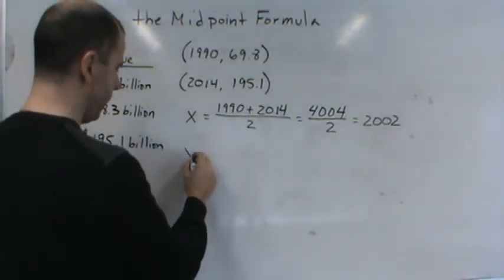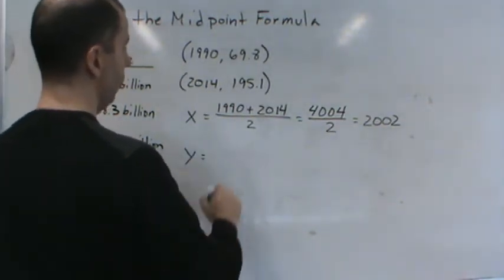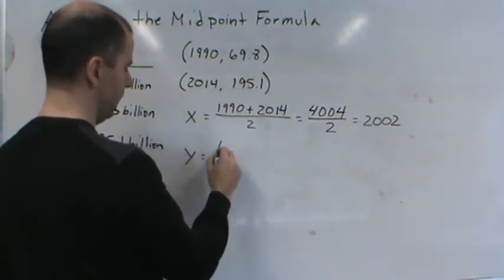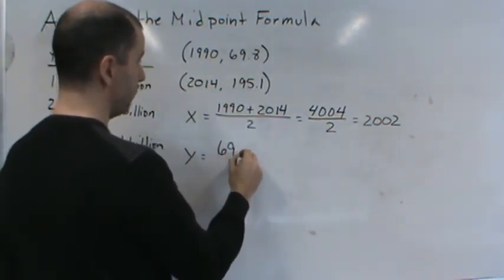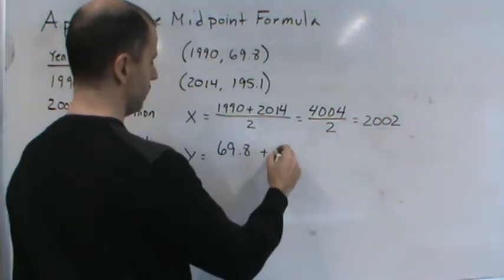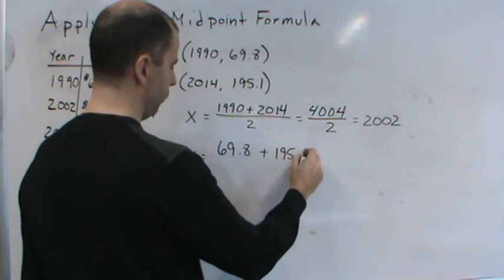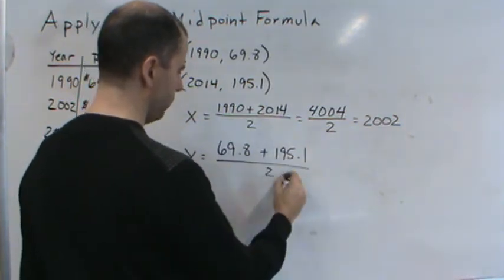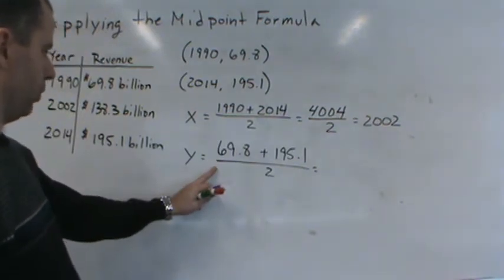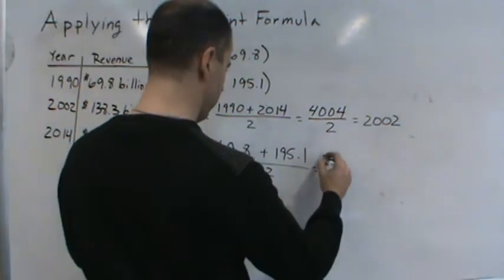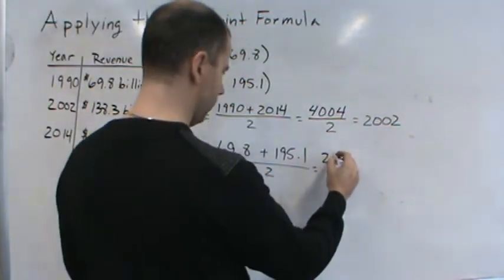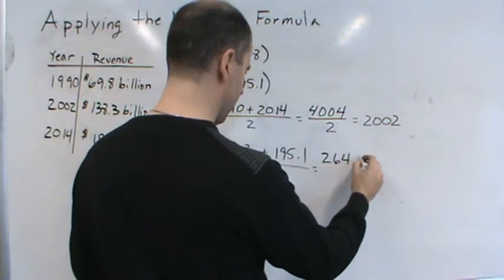Now let's do the y values. We're going to take these two values and apply them in the midpoint formula. So it's going to be 69.8 billion plus 195.1 billion over 2. If we add these two together, what do we get? We get 264.9, right?